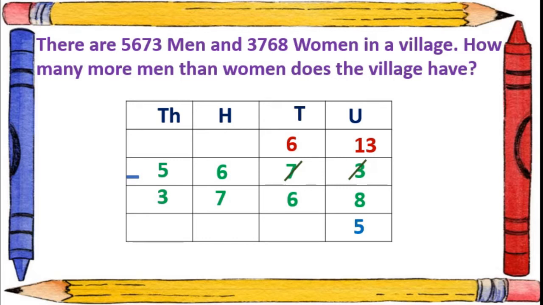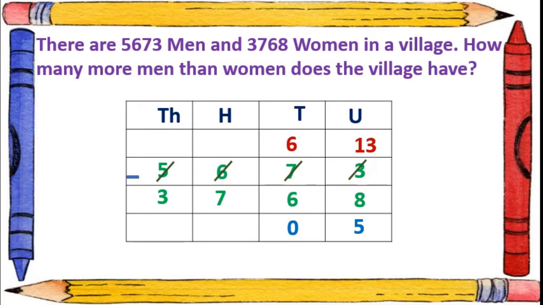Now in the tens place 6 minus 6 is equal to 0, and in the hundreds place 7 cannot be subtracted from 6, isn't it? So we will untie this 5 in the thousands place, and we will get 1,000, and you know that 1,000 is equal to 10 hundreds, correct?